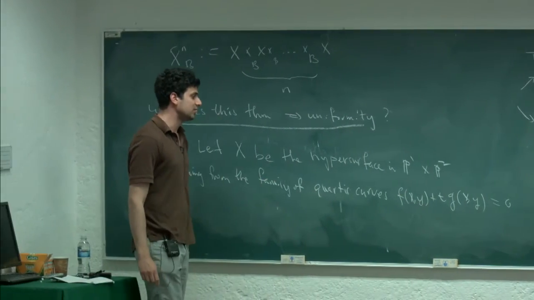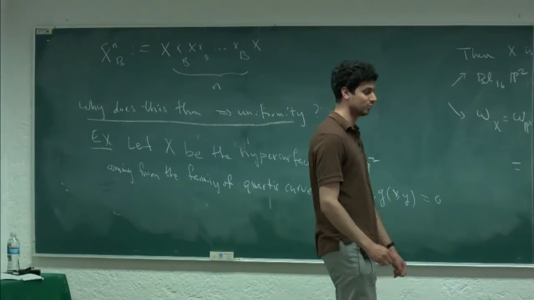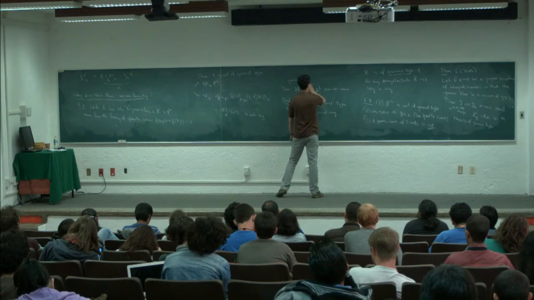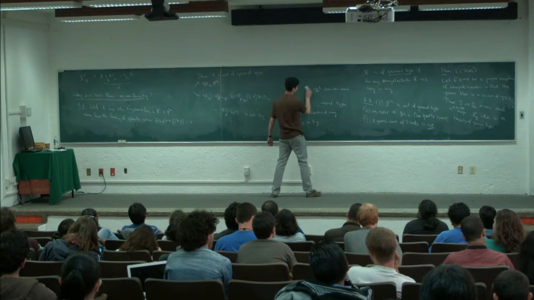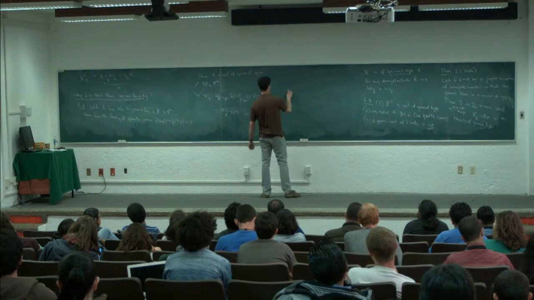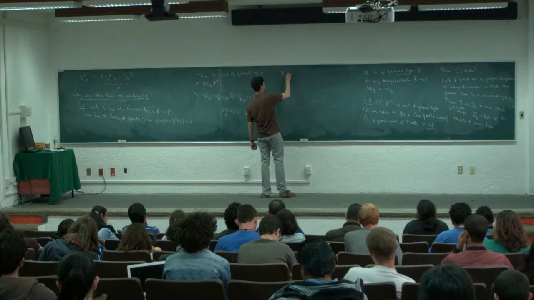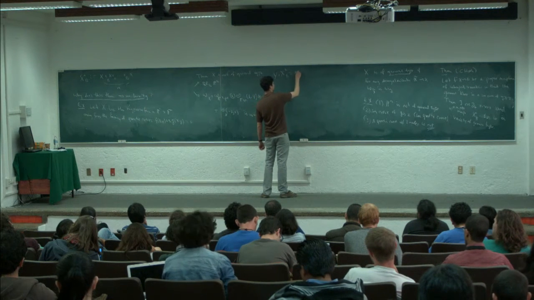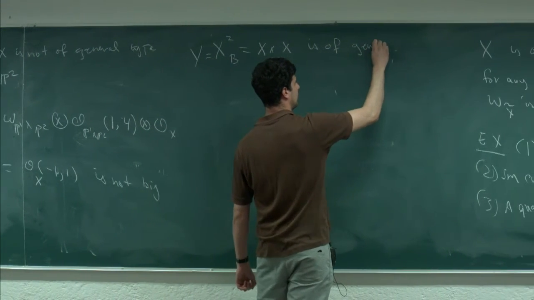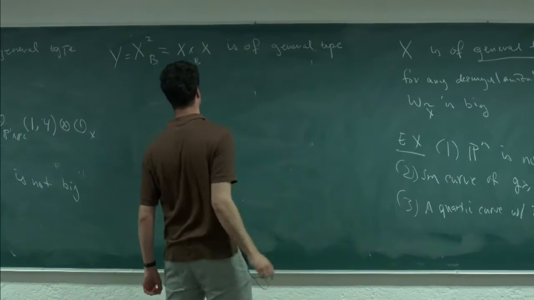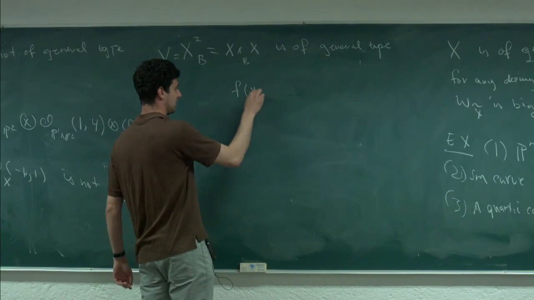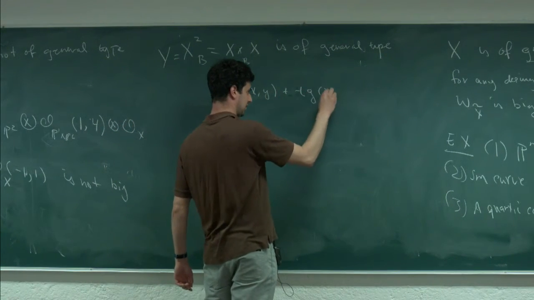But what we're going to see is that once I take the second fibered power, it will be of general type. So I'm going to call this Y. So this is X cross X over B, which is of general type. Just for the sake of saying it, what does the second fibered power look like? Well, I take f(x,y) plus t g(x,y).